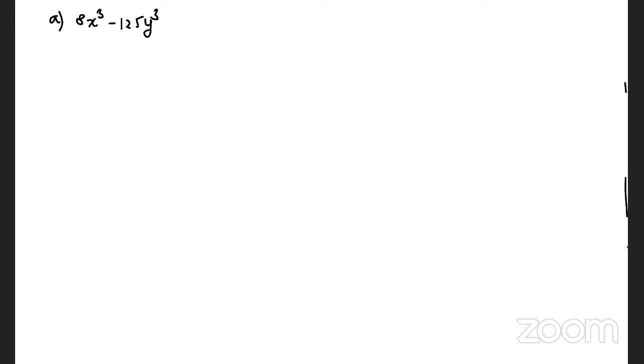Can you tell it again? 2x minus 5y in brackets, then in another bracket, 2x the whole square plus 2x into 5y plus 5y square. Okay, correct. No problem in that.